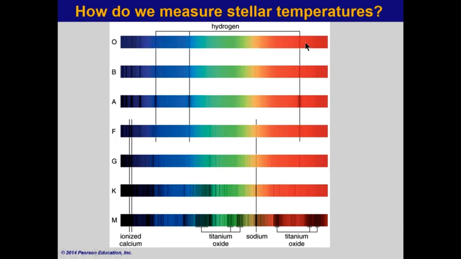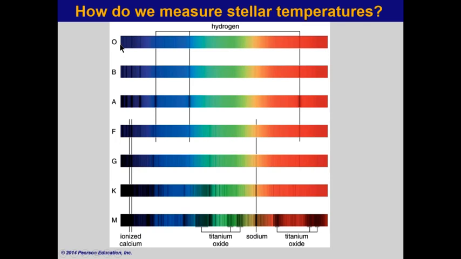There's just not the material there to make very strong lines except for here in the hydrogen. And then as these stars start to cool, you start picking up all of the different molecules and other atoms that are in the stars, because they have a chance to condense out. So they determined that they could organize and rank stars based on temperature.